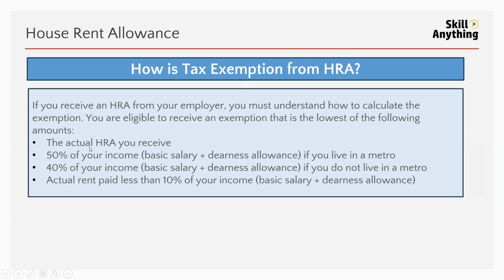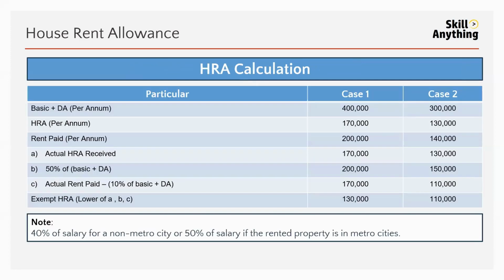First, the actual HRA you received. Next, 50% of your basic plus DA if you're living in a metro city, and for a non-metro city it is 40% of your basic plus DA. And the actual rent paid minus 10% of your basic plus DA. Let's move to the next slide and see the calculation of HRA.